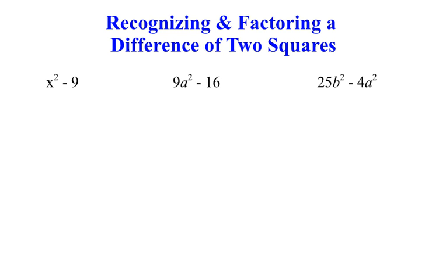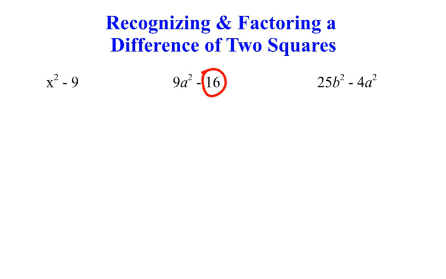The two squares part is short for two perfect squares. A perfect square, like 4, is a perfect square because it's 2 times 2. x squared is a perfect square because it's x times x. 9 is a perfect square because it's 3 times 3. 9a squared is a perfect square because it's 3a times 3a. 16 is a perfect square.